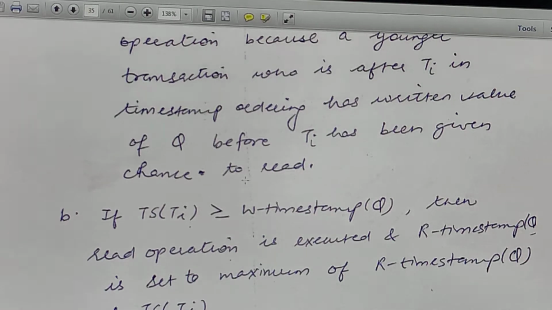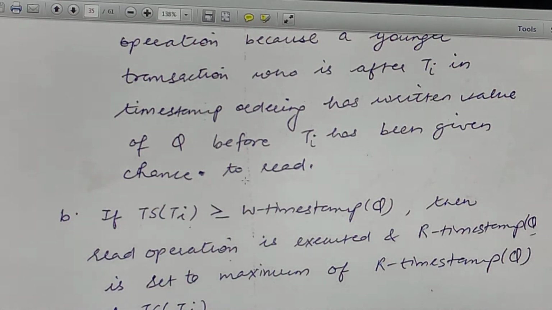Now what it means is, suppose the R timestamp of Q is currently 2, the W timestamp of Q is suppose 1, right? And the transaction that has requested the read operation is T3. So the timestamp value of the transaction that has requested the read operation is 3. So TS(Ti) will become 3.